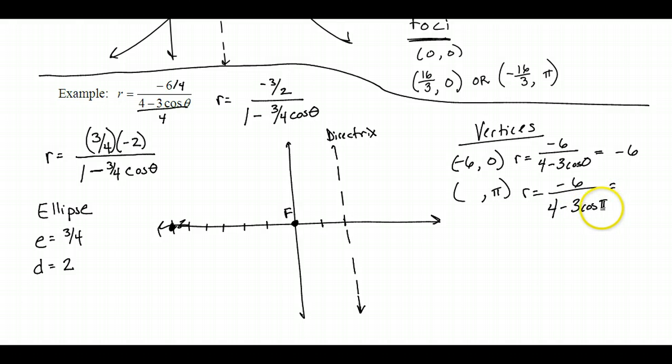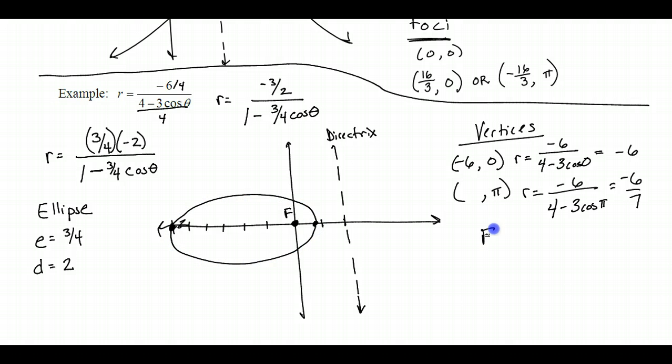Cosine of pi is negative 1 times 3 is negative 3. 4 minus a negative 3 will give me 7, so I have negative 6/7. So for pi, I have to go a negative 6/7, which will put me this way, which makes sense. That's how we predict that it's going to be.